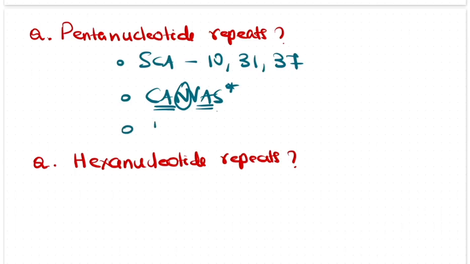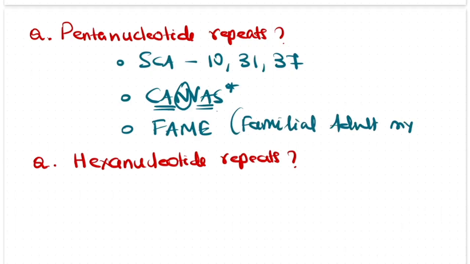Then we have FAME. FAME means familial adult myoclonic epilepsies. Okay, so these are the three conditions with the pentanucleotide repeats.